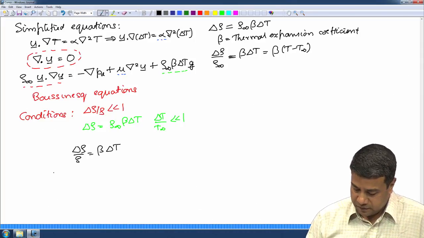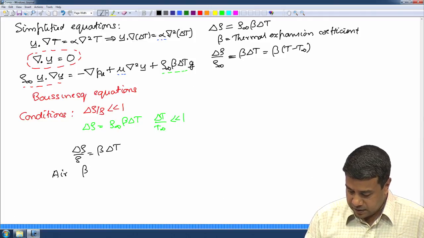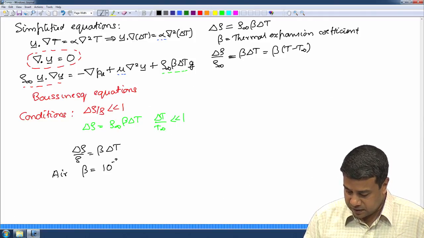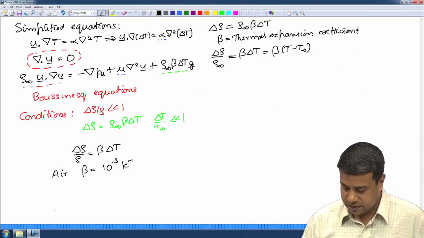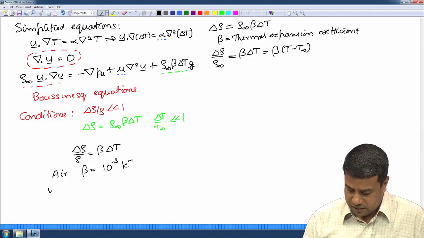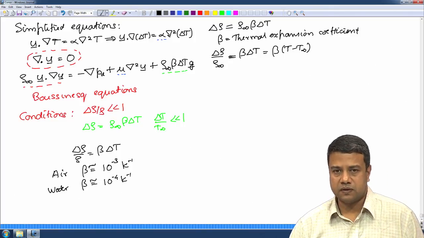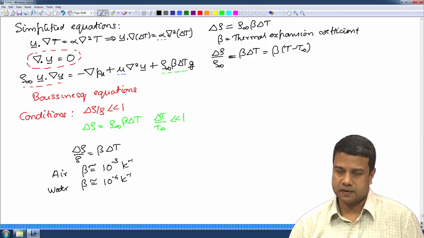For fluids such as air, for example, beta is of the order of 3 into 10 power minus 3 Kelvin inverse. For water, beta will be of the order of 2 into 10 power minus 4 Kelvin inverse.